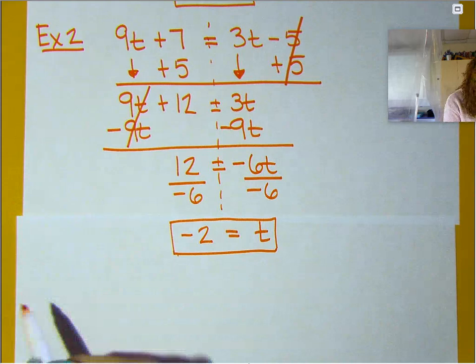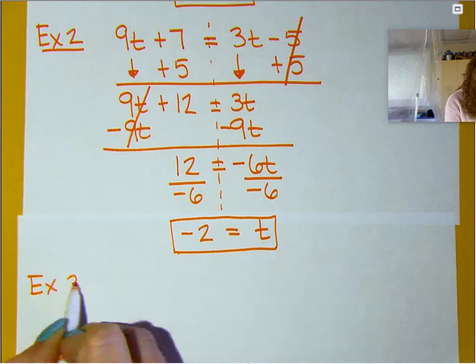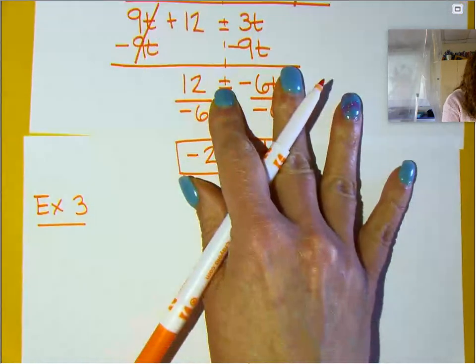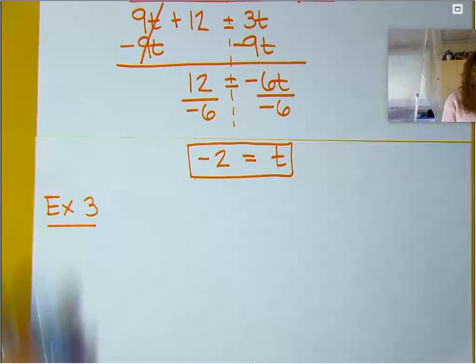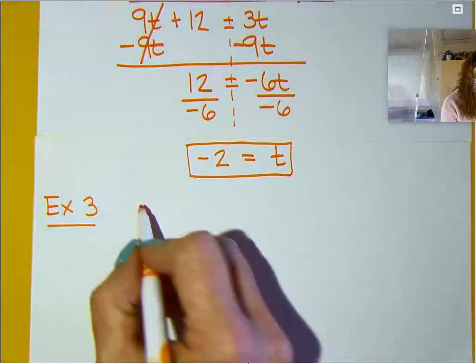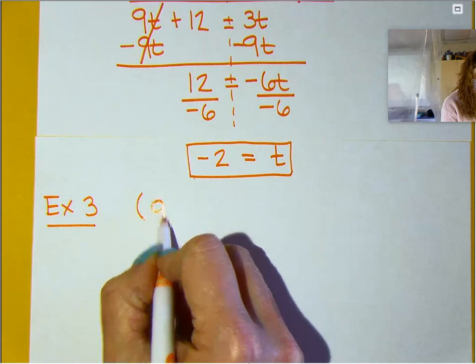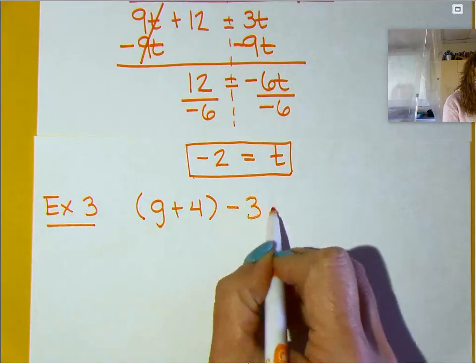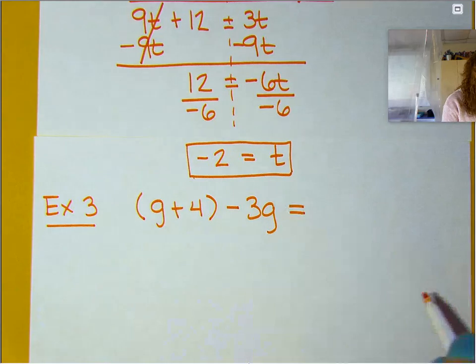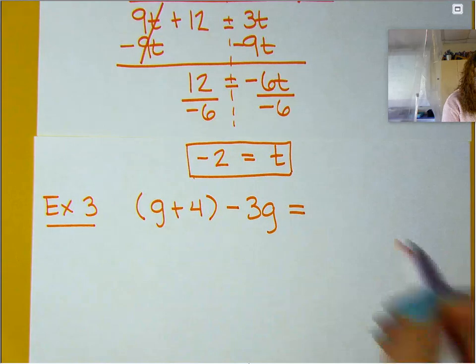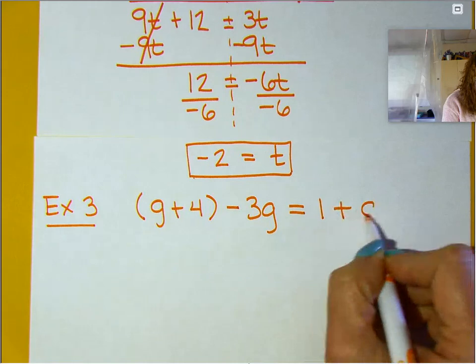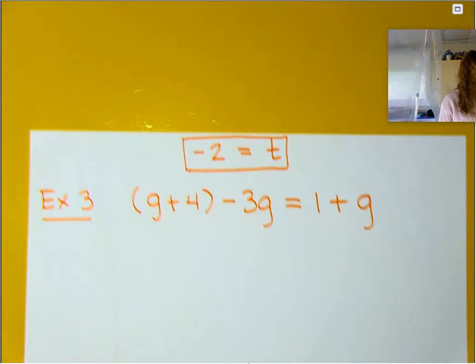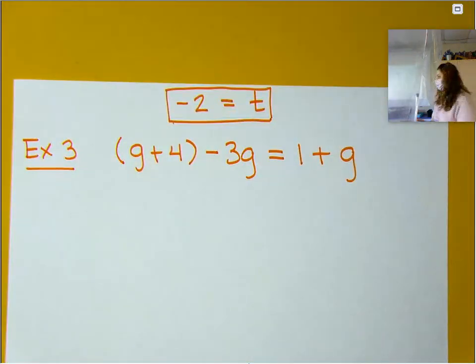All right, we're going to add a little bit more to this. Parentheses, G plus 4, minus 3G, is equal to 1 plus G. Okay.